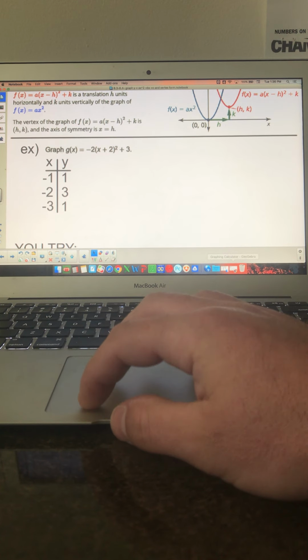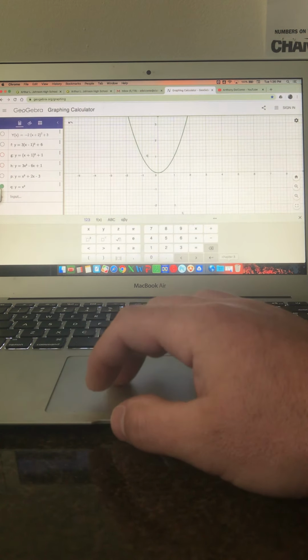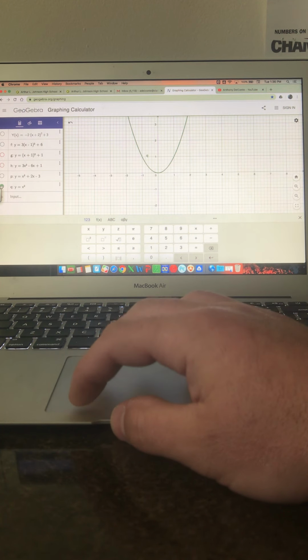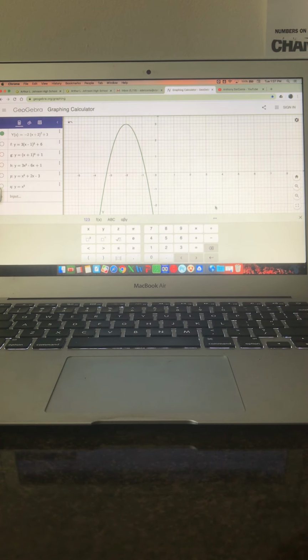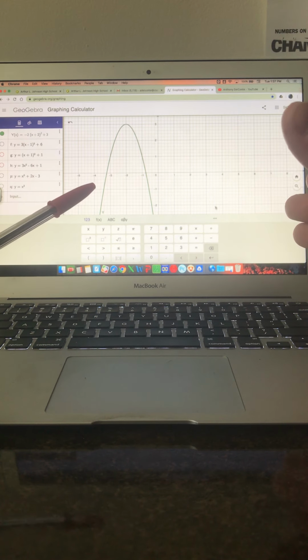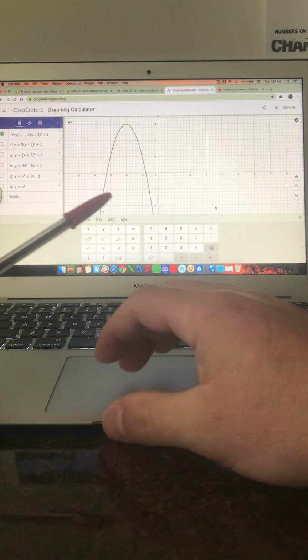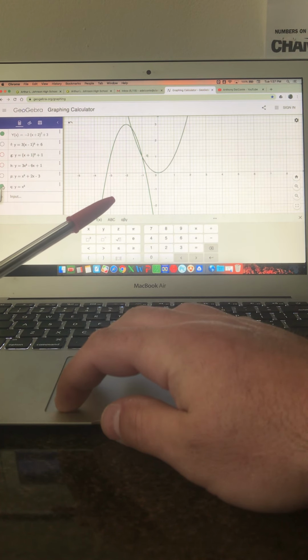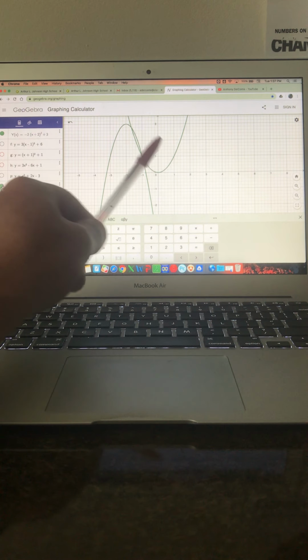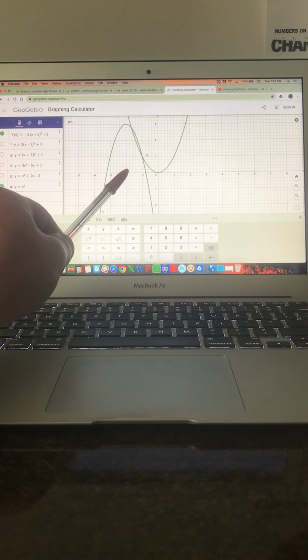Now, when we graph it, I'm going to take this guy away for a second. This is what we should get. Now, putting the whole thing together from the other day makes perfect sense here. This is what we're comparing it to. The vertex, because of the +2, actually shifted left 2.